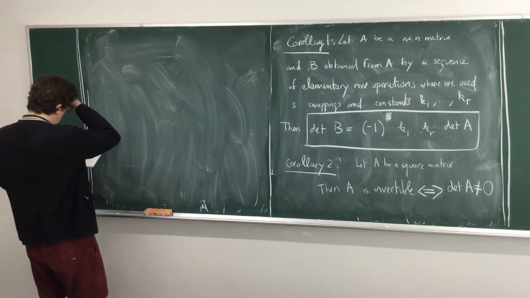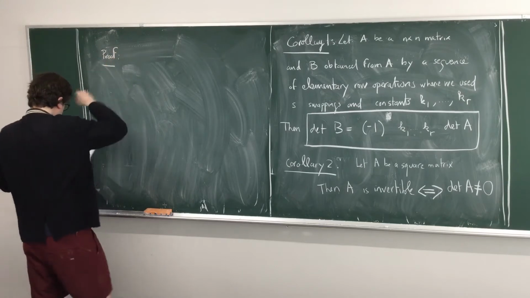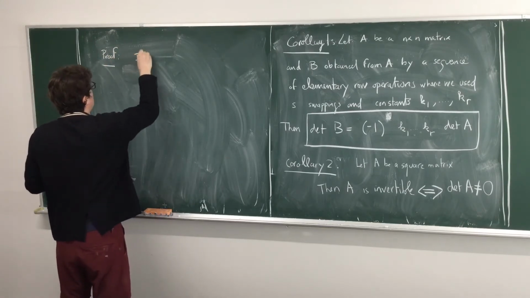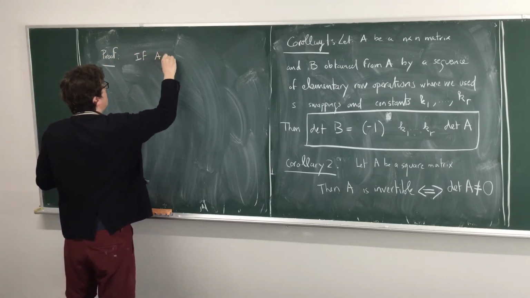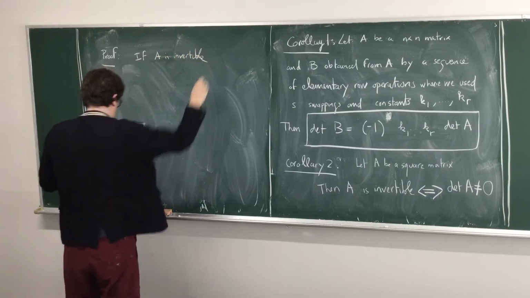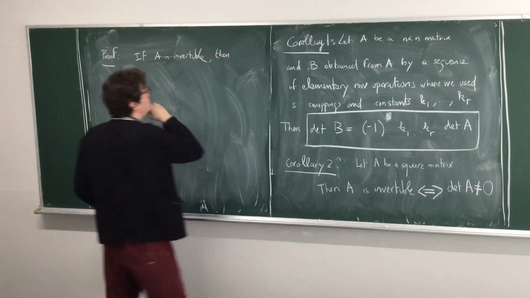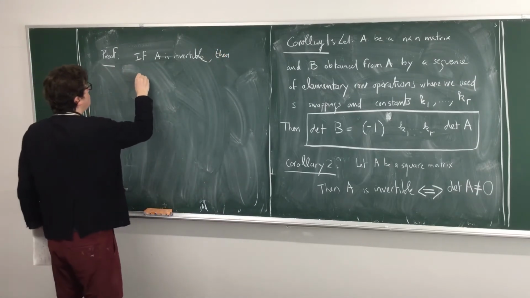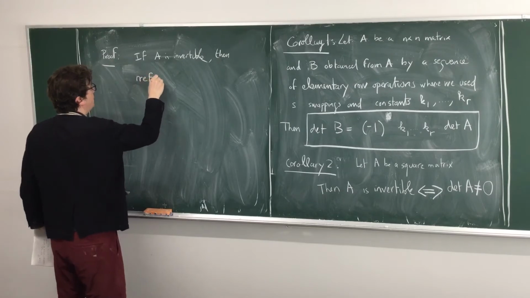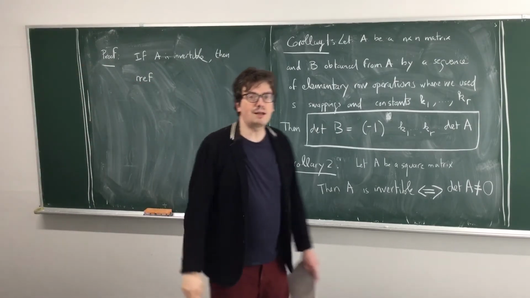To prove corollary 2, you observe the following. If A is invertible, then what you know for sure, by the Gauss-Jordan method, is this.